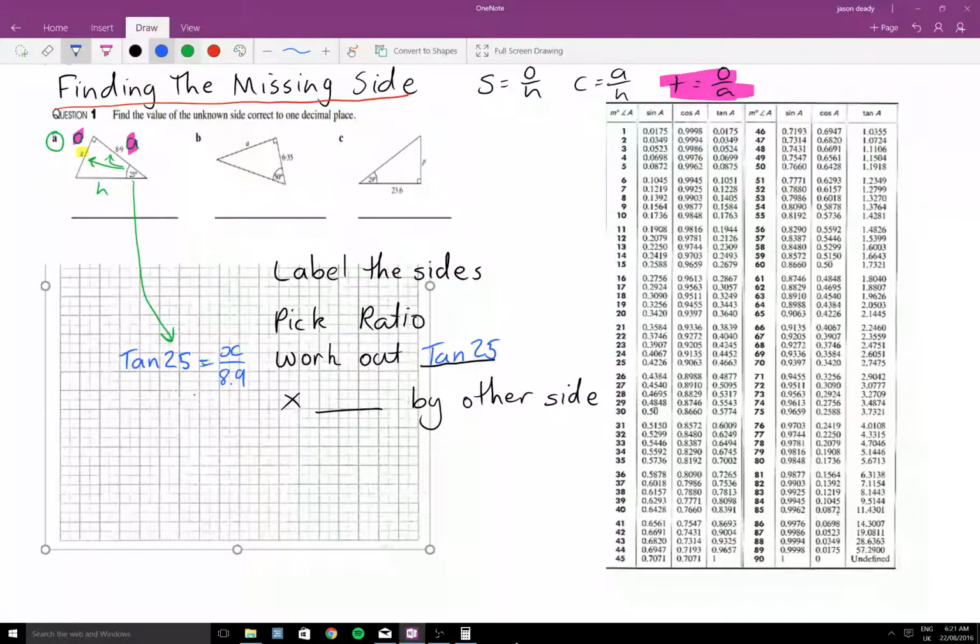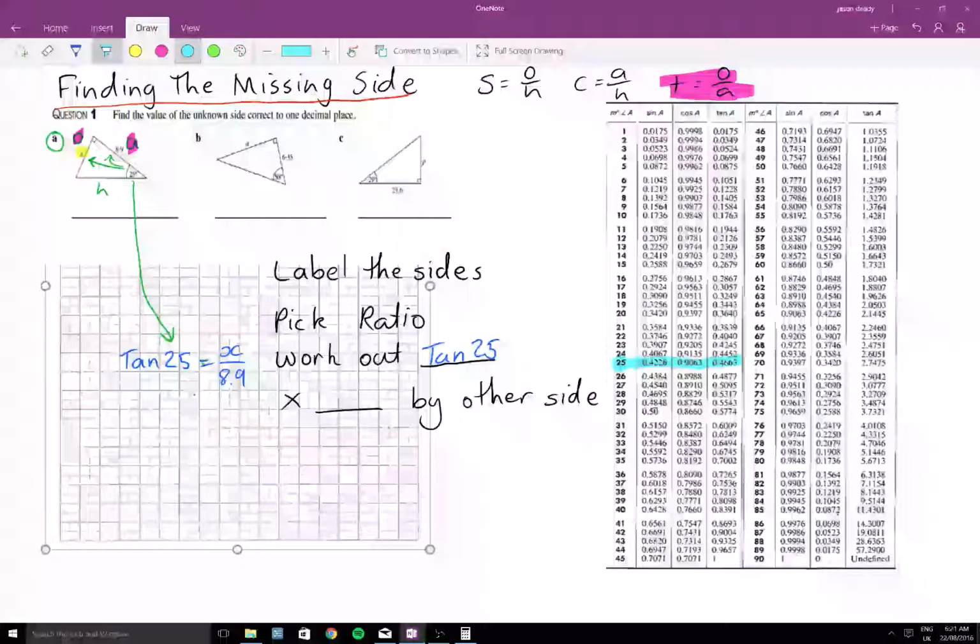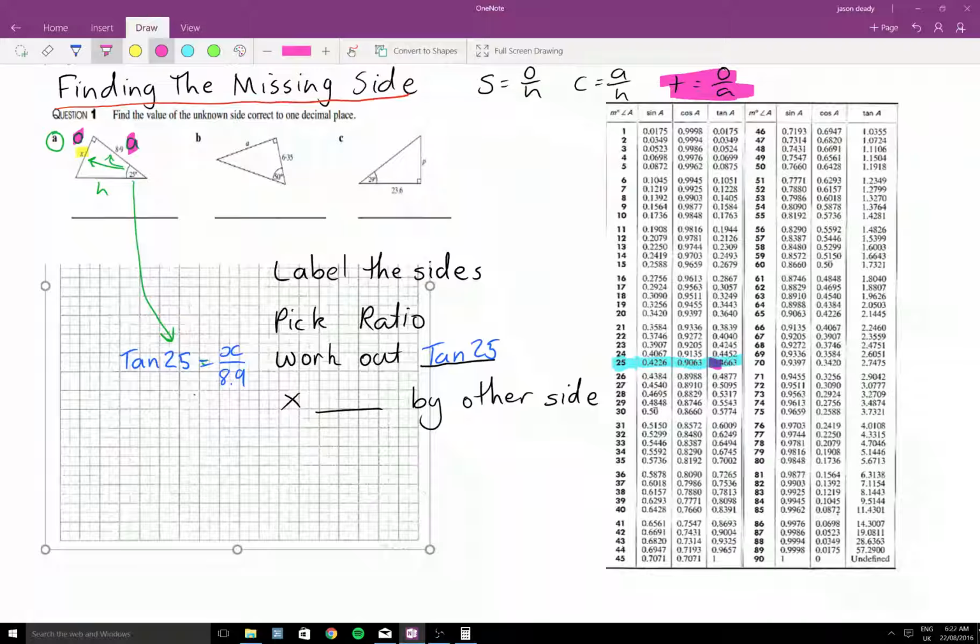So I go down to 25, which is here, and I go across to 10, which is 0.4663. So 0.4663 equals x over 8.9. I've just changed tan 25 for what it is in the table.